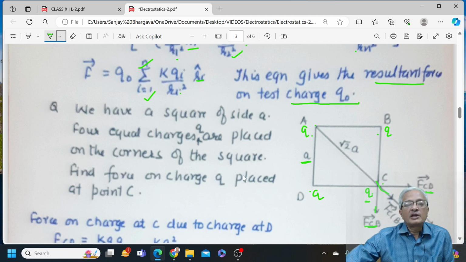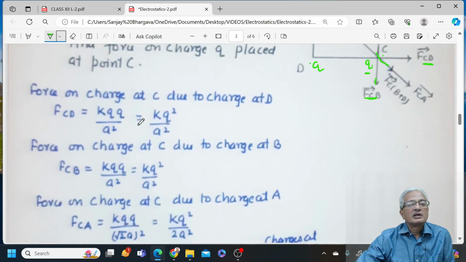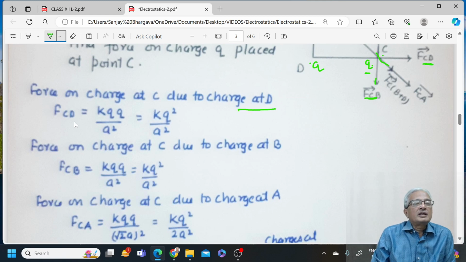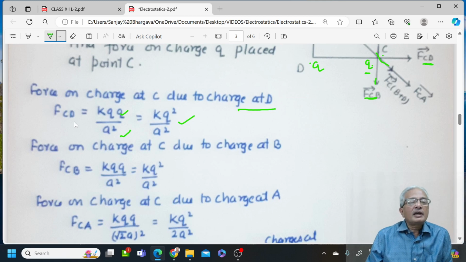First, let us calculate the magnitude of the three forces. So I can calculate the force on charge at C due to charge at D. So FCD is equal to kQQ upon a square. Both the charges are equal, so that would be kQ square upon a square. Similarly, I can calculate force on C due to charge at B. Again, the distance is a, so it would be kQ square upon a square.